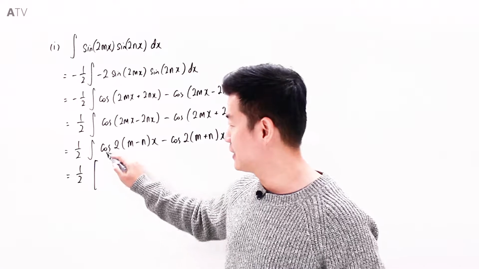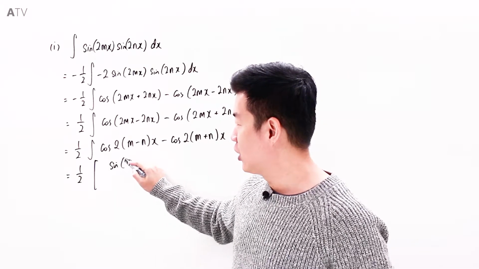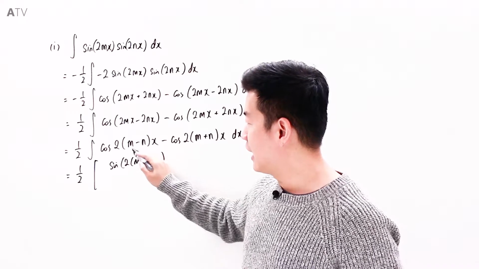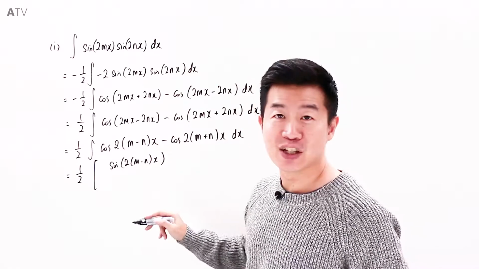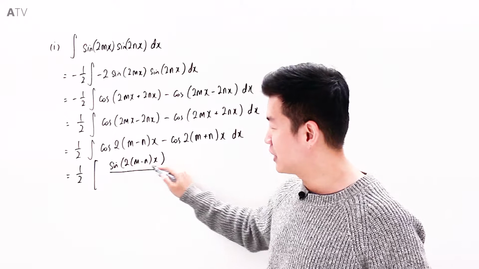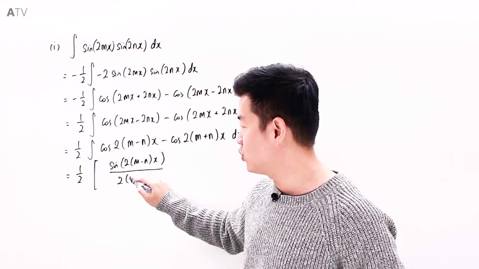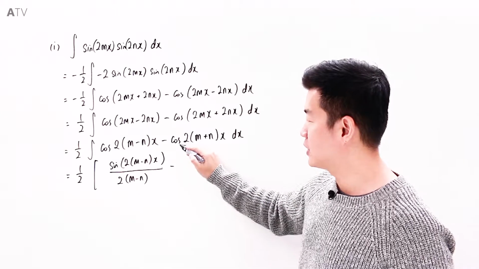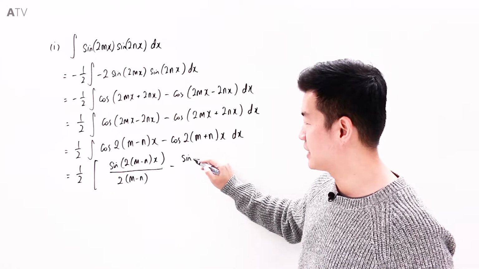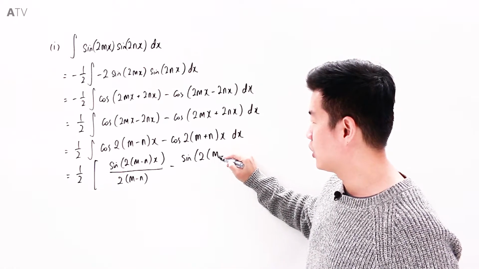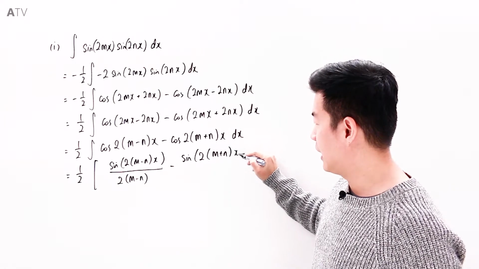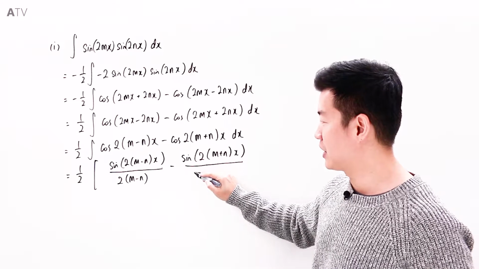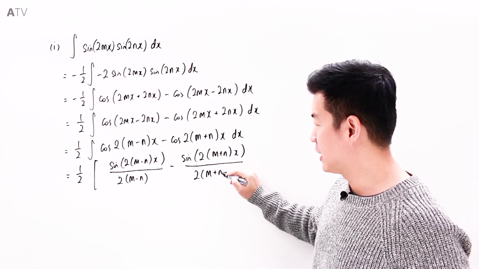So integrating this, it will give me sin(2(m - n)x). And since 2(m - n) is just the coefficient of x, we'll divide this by the coefficient of x, which is 2(m - n). Then minus, this will also be sin(2(m + n)x), and this is the coefficient of x, so I'm going to divide this by 2(m + n).